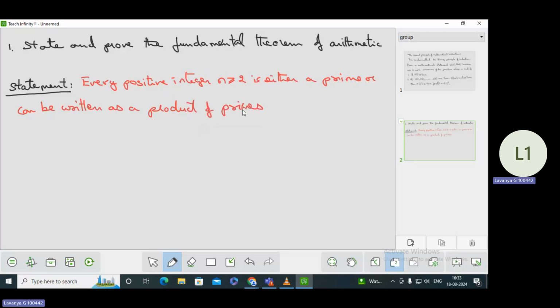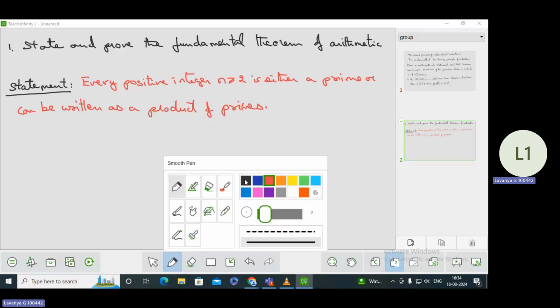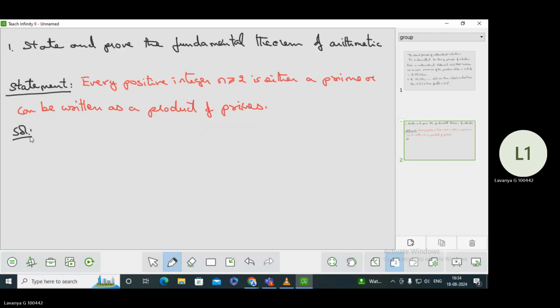All right. How are we going to establish this result? So we have to prove this P of n statement is true for every n greater than or equal to 2. For this, we have to start with the basis step, taking n naught equal to 2.